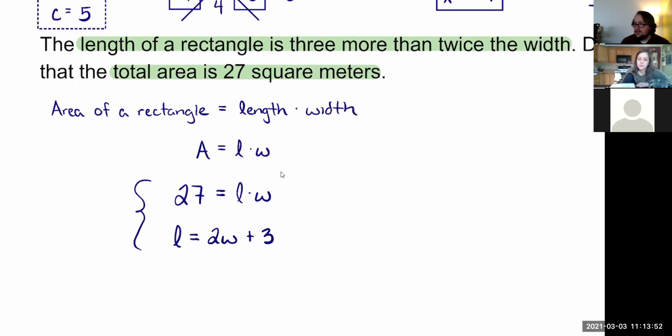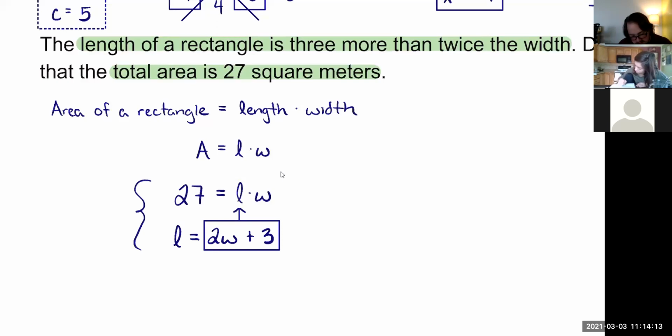I don't know the length or the width, but I do know that the length is 3 more than twice the width. So if I have substitution on the brain, anywhere that I see L, since I know that it is 3 more than twice the width, I can replace it with that statement.